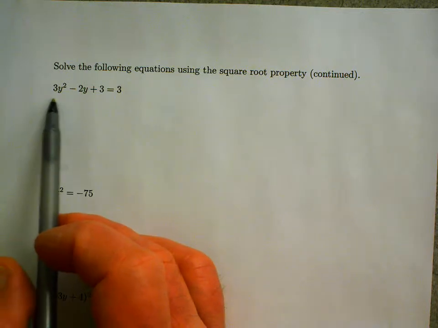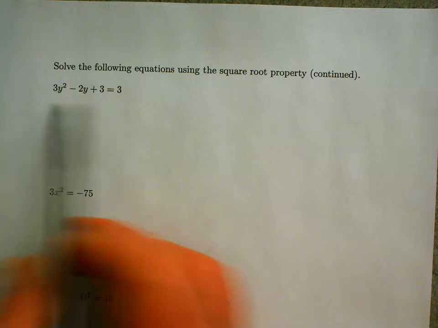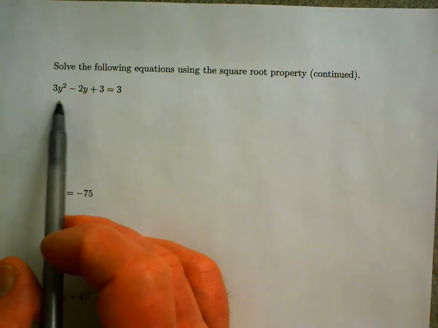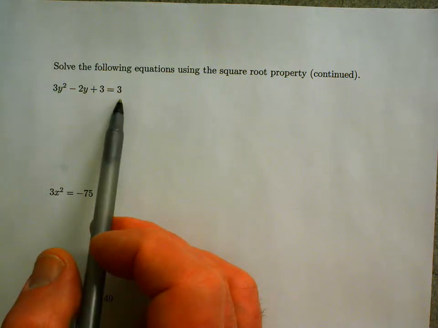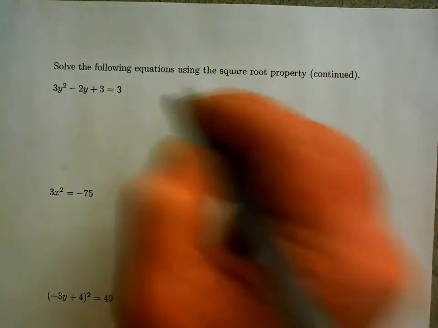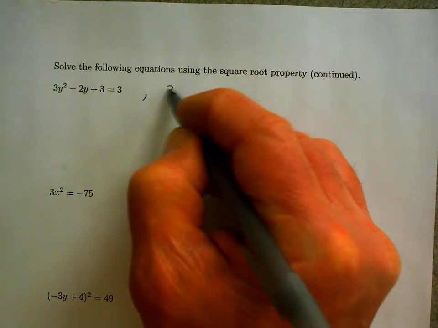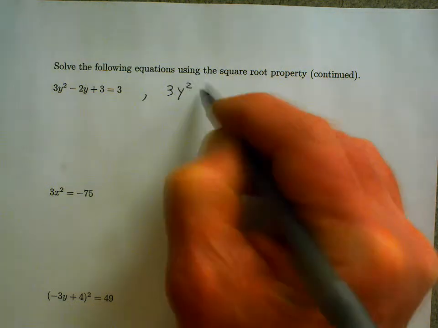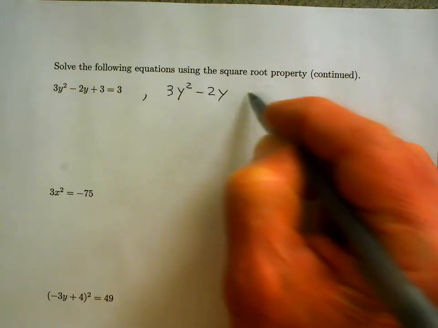This is just a harbinger of things to come. So I'll show you the process in this problem. First we'll subtract 3 from both sides. So we get 3y squared minus 2y equals 0.